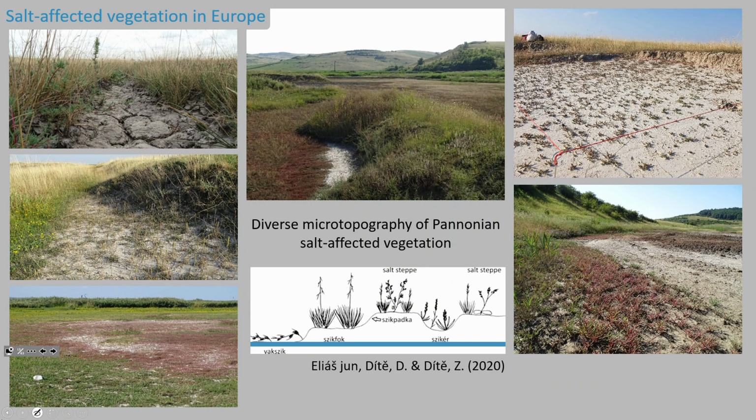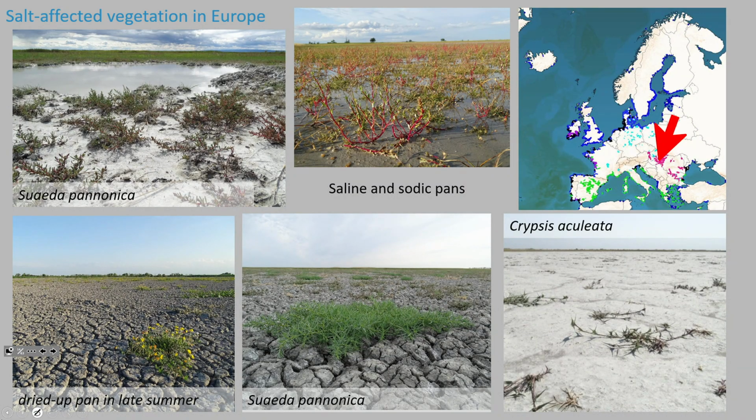I will not go into detail for every picture, but you see that the different levels are well characterized by different plant communities or dominances of plants. So we have here again a high diversity of microtopographical levels and plant communities.